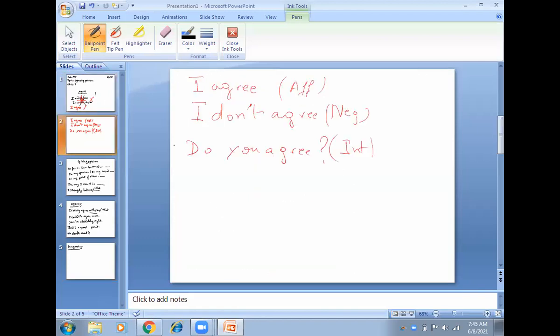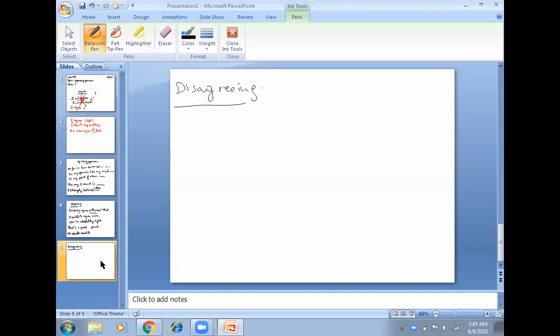You don't agree. So be careful. Here it means that you don't agree with a person, or you don't agree about something, or on some topic, or to some proposal.